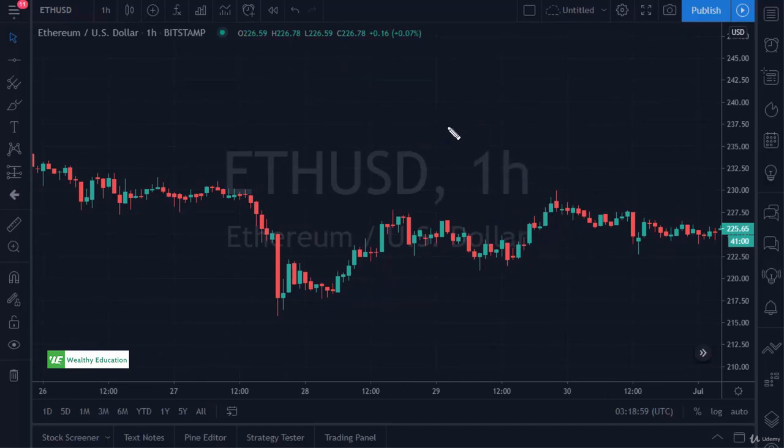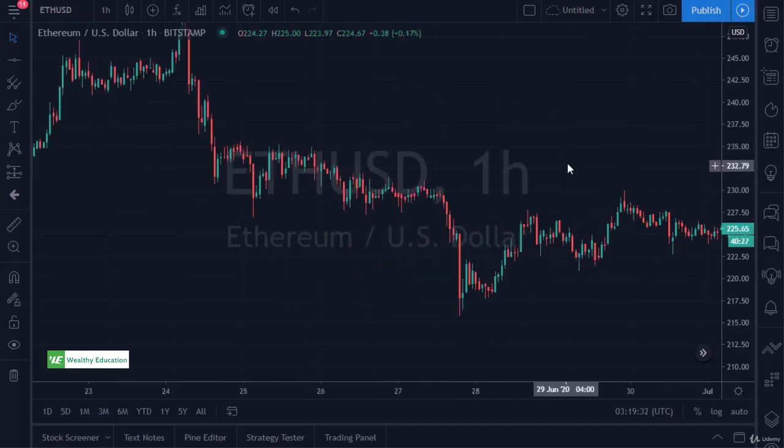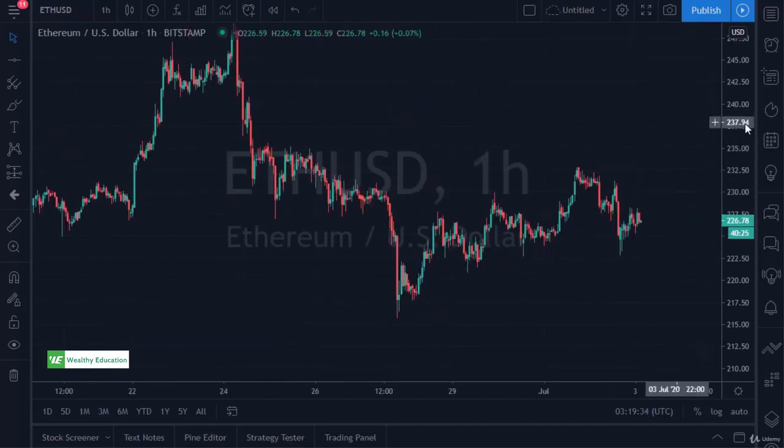So like in this one here, we opened up here. We know we closed lower. So there's your close. We went higher and we went just a little bit lower. So it looks something like this. If you were to draw out a line chart of that entire hour, you can glean so much information from the charts just by knowing how these candlesticks are constructed. It'll save you a ton of time when it comes to trading.